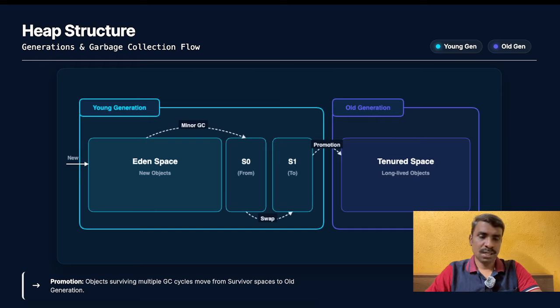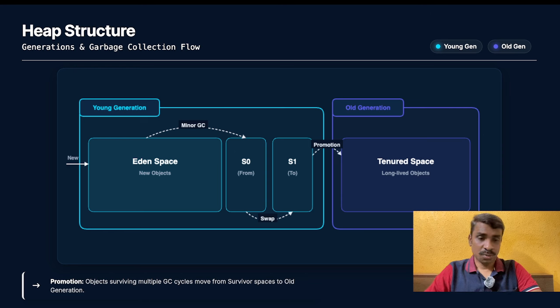From there, after one GC cycle, if it survives, it will move to S0. If it survives GC again, it will move to S1. Then if it survives multiple GCs, it will get promoted to the old generation as a long-lived object.